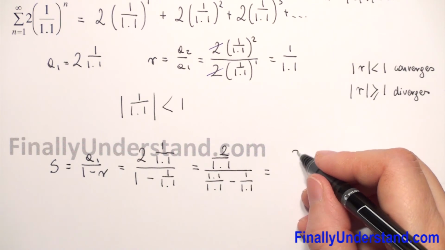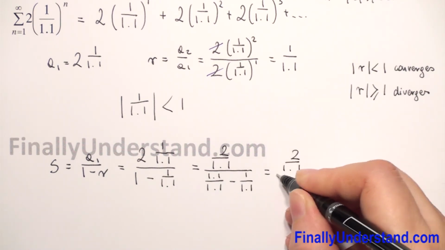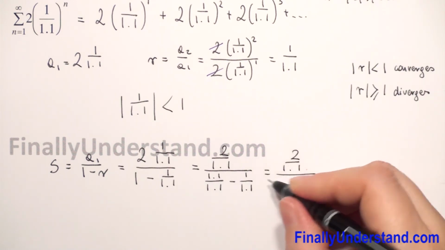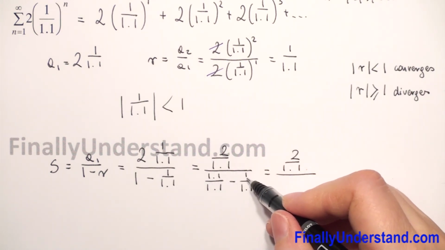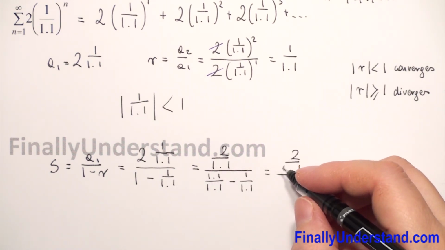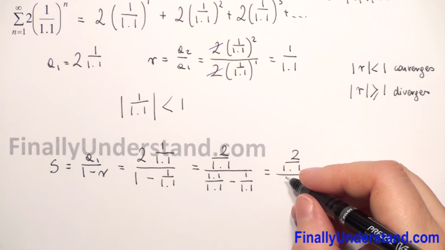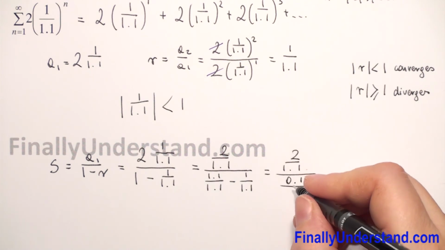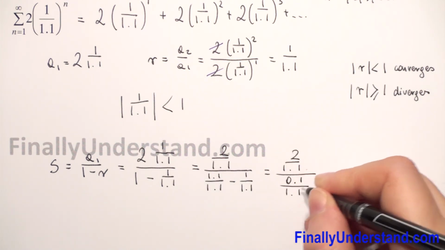So this is equal to 2 over 1.1 over the same denominator, so we can subtract: 1.1 minus 1, so it will be 0.1 over 1.1.